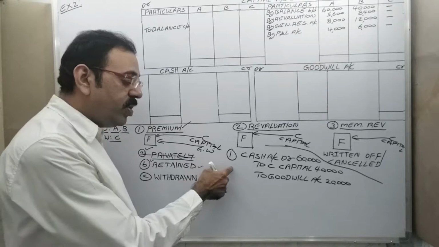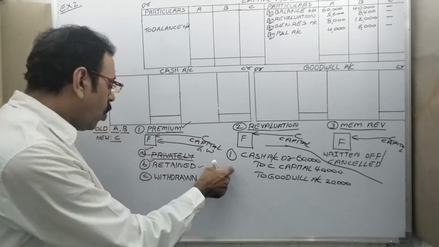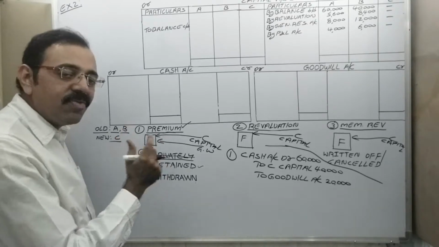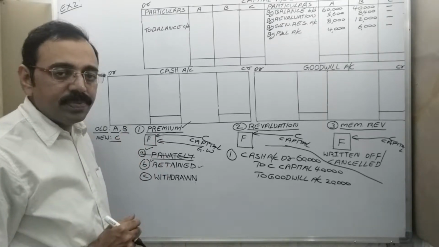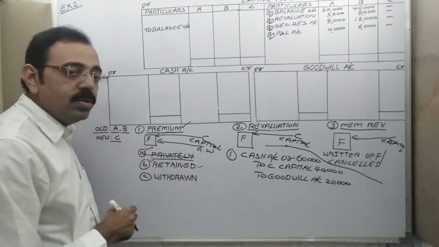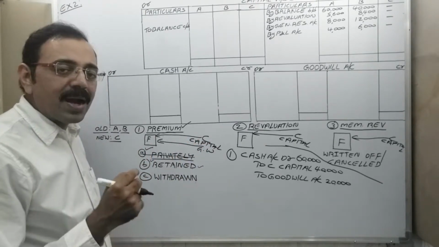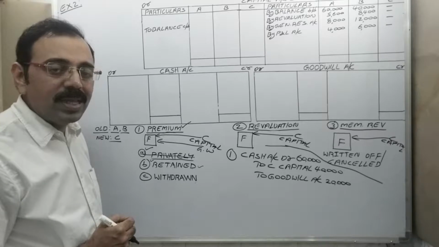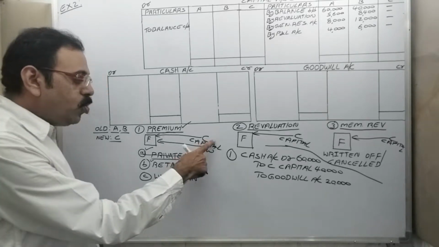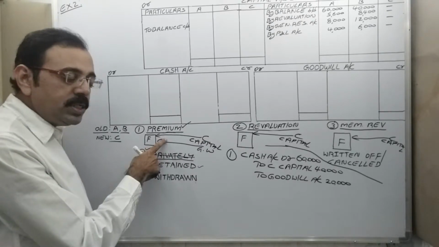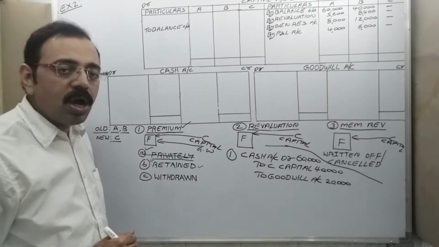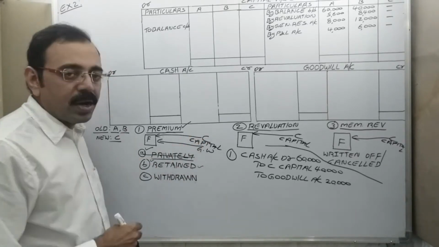Then that goodwill, who should take? Old partners. In which ratio? In sacrificing ratio. Why? Because why is he bringing that goodwill? In admission of partner part 3, in that video I clearly explained the goodwill concept. When a new partner is coming into the business, old partners are sacrificing some portion of profit to the new partner.